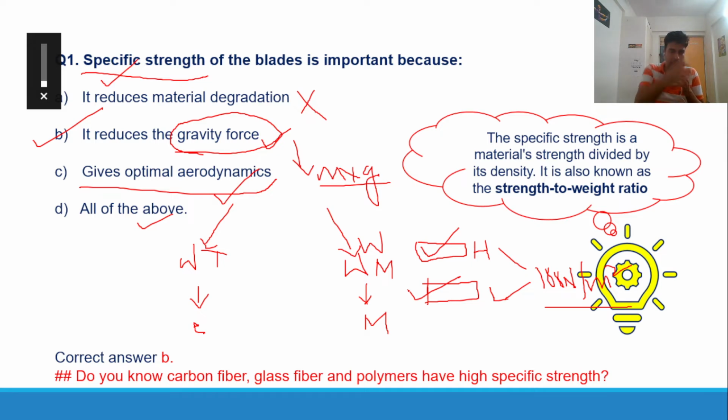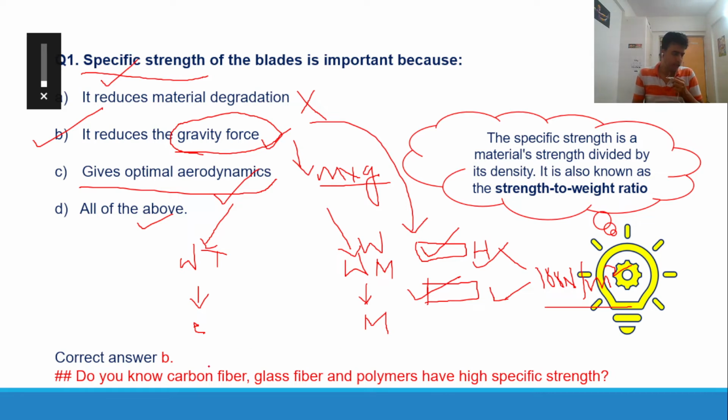So we don't have to erect a heavier pole, or support the blades too much as would be required with heavier blades. That's why specific strength is a very important property here.